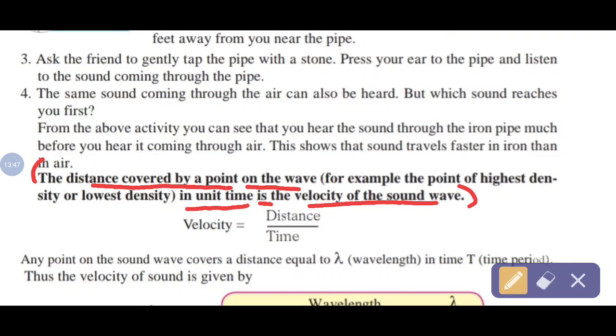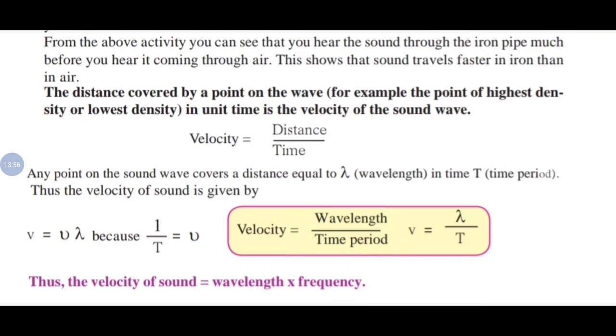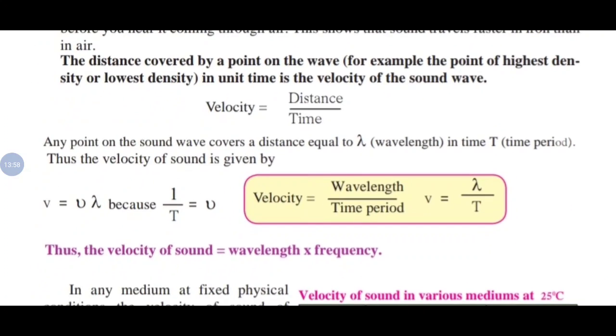Next, what is the formula of velocity of sound? We know the formula of velocity: velocity means distance upon time. This is the general formula of velocity. At any point, the sound wave covers a distance equal to lambda. Lambda is nothing but the wavelength, the length of the wave, which is the distance.